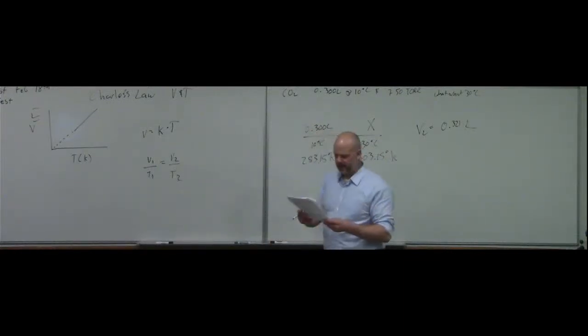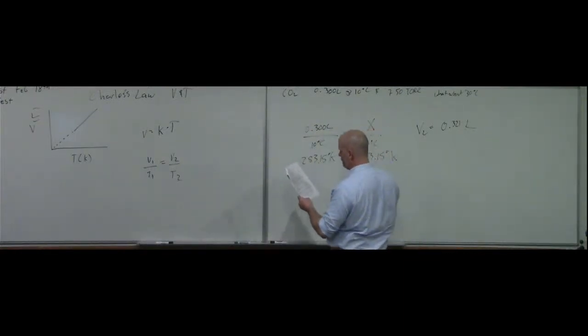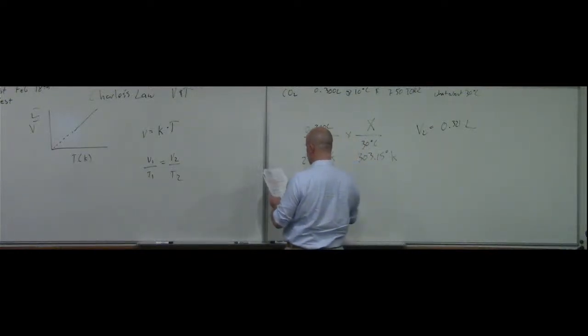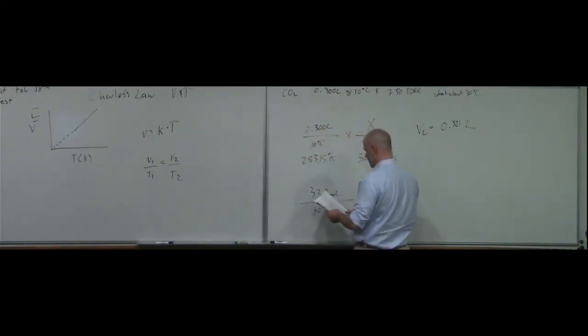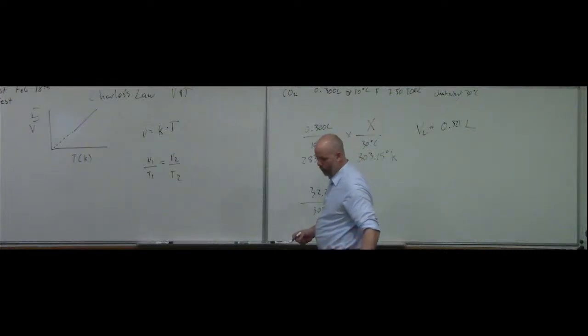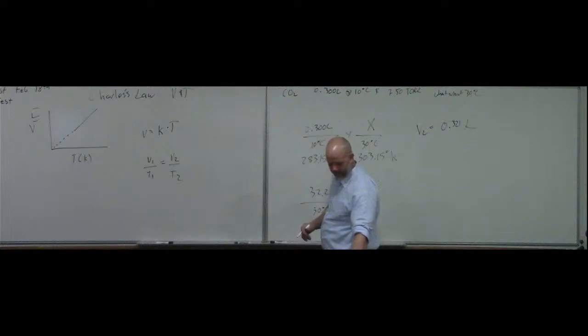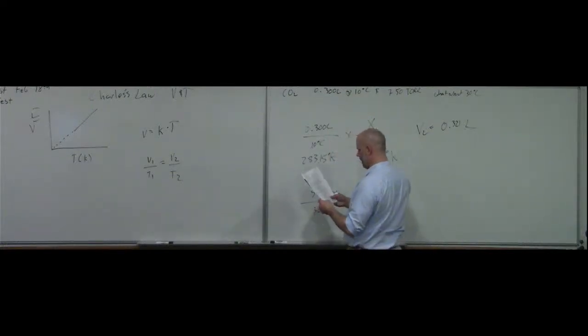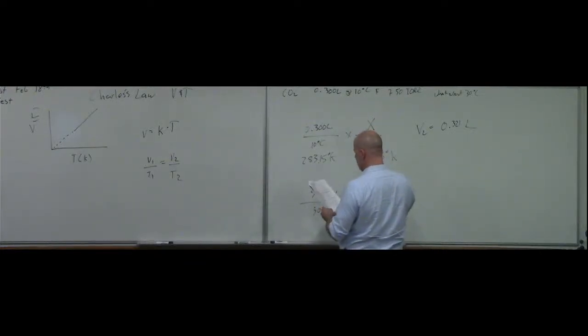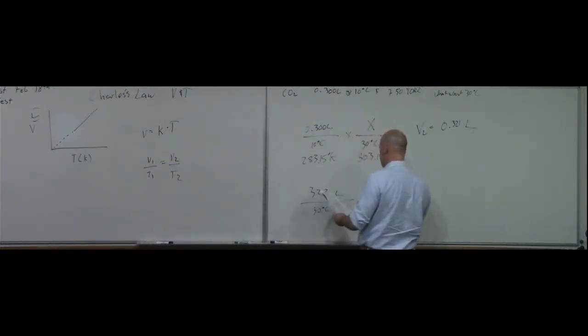A sample of oxygen gas occupies 32.2 milliliters at 30 degrees centigrade and at 252 torr. We're not worried about the centigrade, are we? Oh no, we are. We're not worried about the torr. What volume will it occupy at negative 70 degrees and the same pressure?